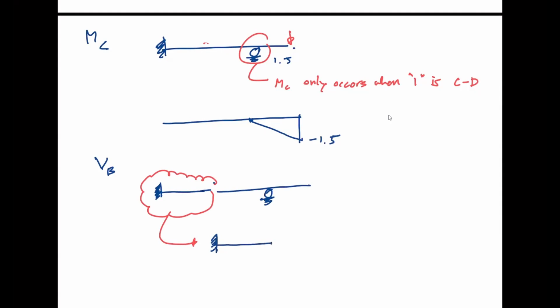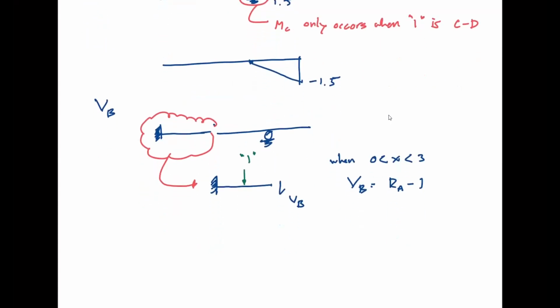Then I have VB. Then I have my unit load. Okay. This means that my shear at B is equal to RA minus 1, right? This is when X is from 0 to the location of B, which is 3.